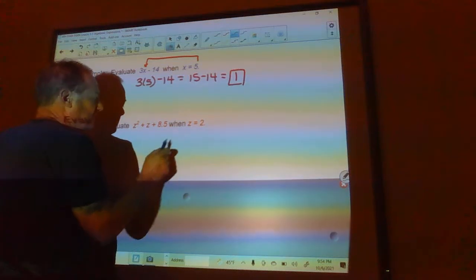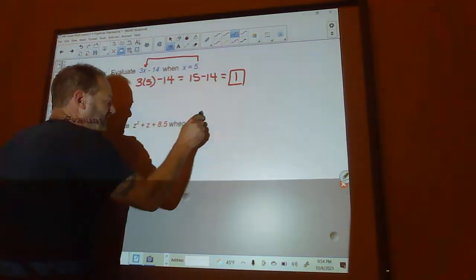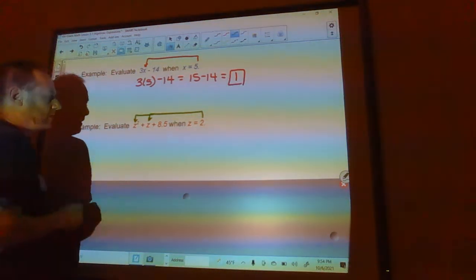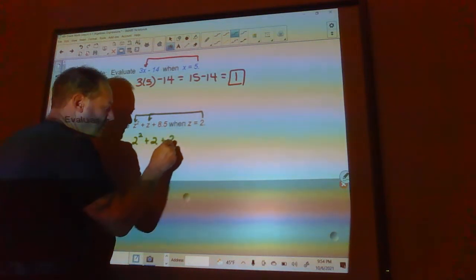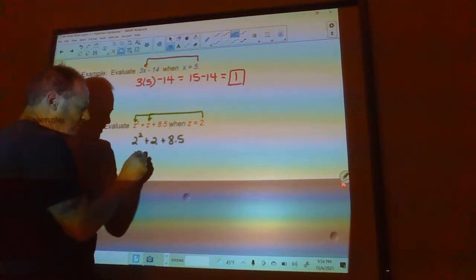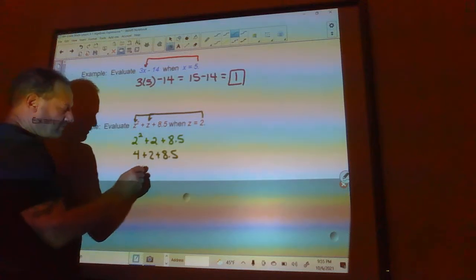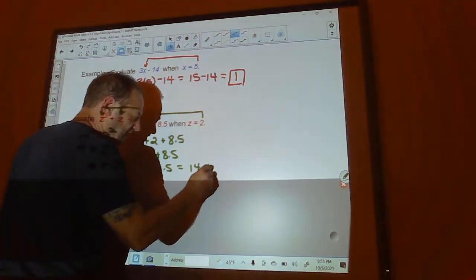Okay, on this one, this is a little bit different because there's 3 terms and there's a z squared and a z term. So when I take the 2 and I plug it in for z, I also have to plug it in here. So this is going to be 2 squared plus 2 plus 8.5. So this would be 4 plus 2 plus 8.5. That would be 6 plus 8.5, which would be 14.5.